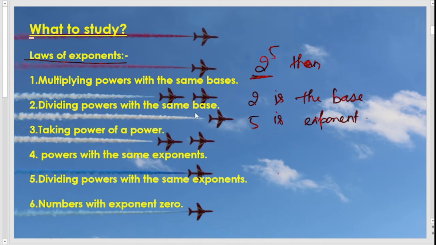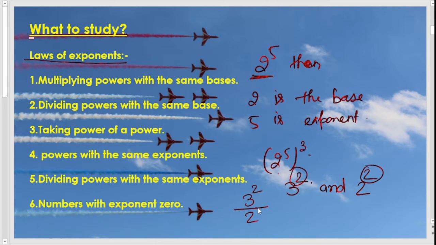Second is dividing powers with the same base. Third is taking a power of a power, like 2 to the power 5, and again it is raised to the power 3. Then we will take powers with the same exponents, like 3 to the power 2 and 2 to the power 2, and dividing powers with the same exponent, like 3 to the power 2 divided by 2 to the power 2.